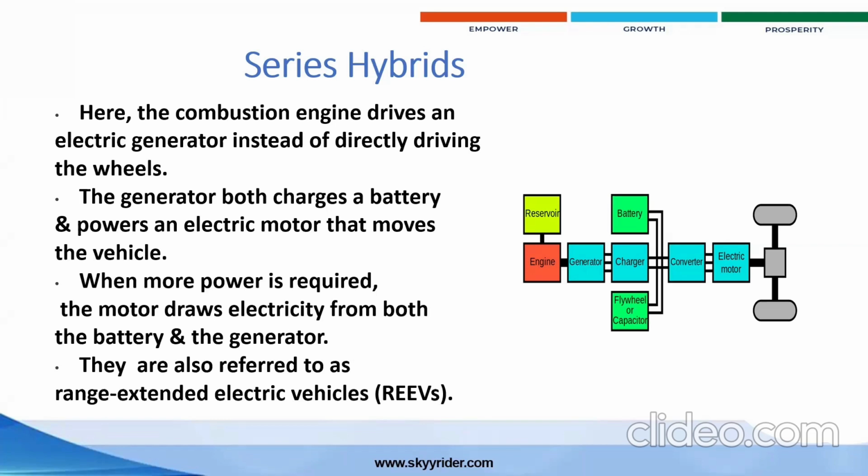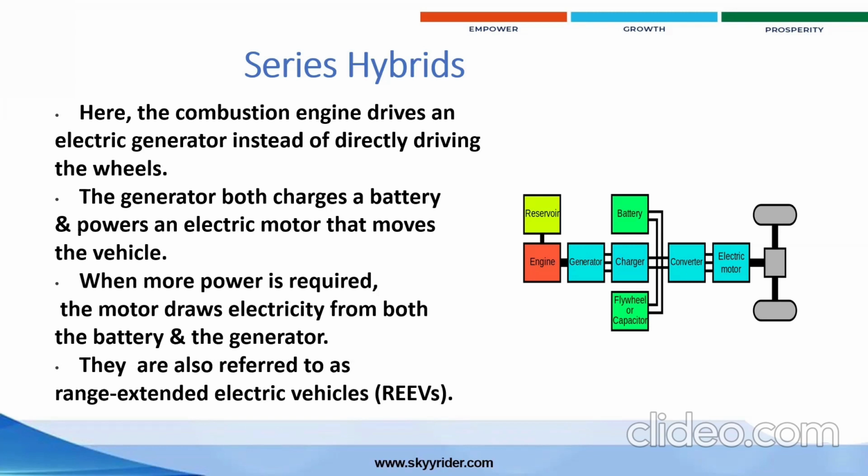Here a generator is used. Why a generator? In the regenerative braking system, I talked about the motor generator unit. Here the motor generator unit will be there for regenerative braking, as well as another separate generator which will convert the engine power.